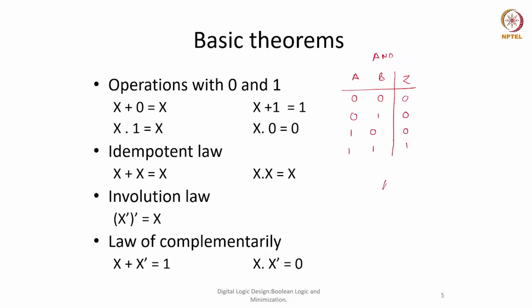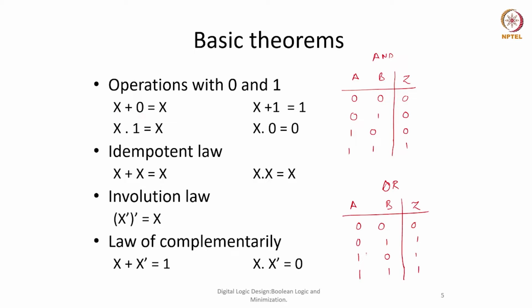Now similarly for the OR gate, if I write A, B, and Z: 0 0 0, 0 1 1, 1 0 1, 1 1 1. Now I am saying I want to do an operation x OR 0. What is the output?